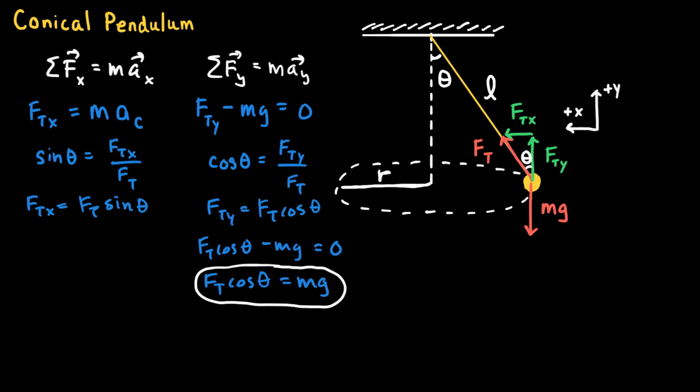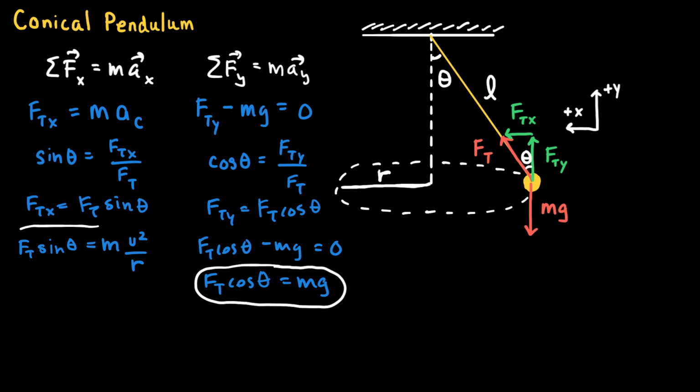And so once again, we can substitute that expression in for Ftx. So here, Ft sine theta is equal to mass times the centripetal acceleration, which we know always has the form v squared over r. So v is that constant speed that the mass has as it's going around in a circle, and r is the radius of that circle. And so Ft sine theta equals mv squared over r.